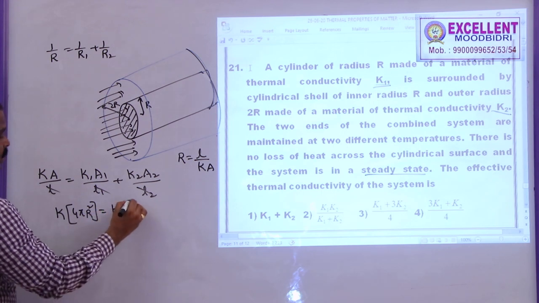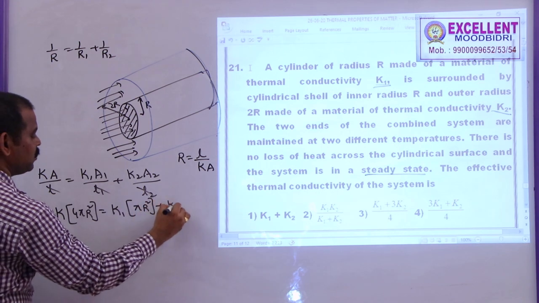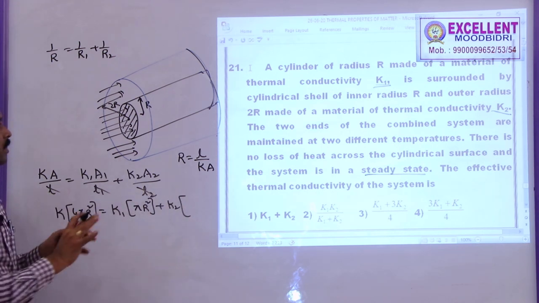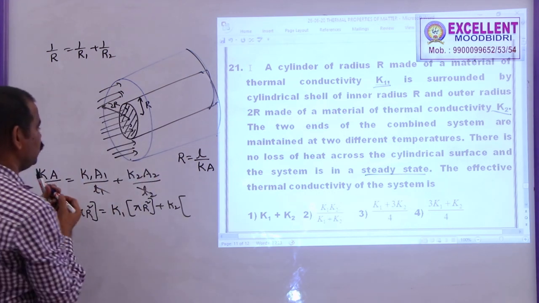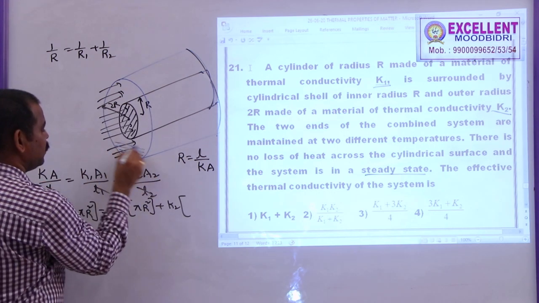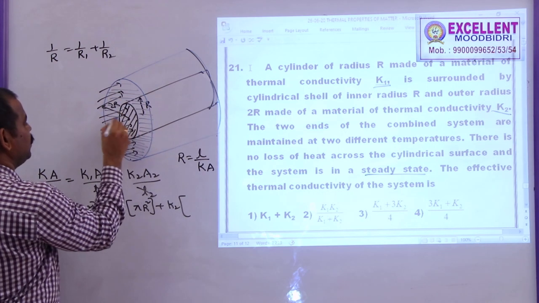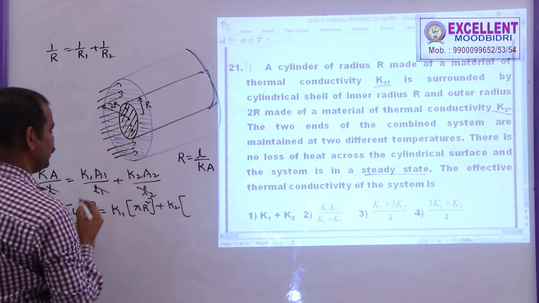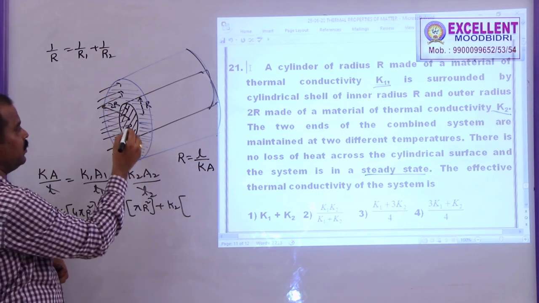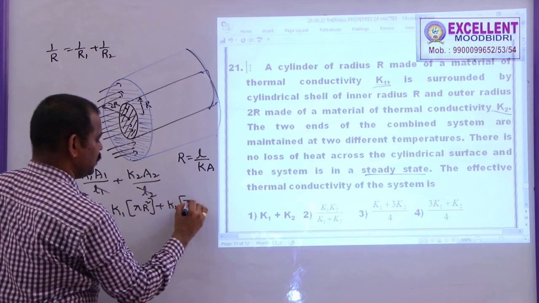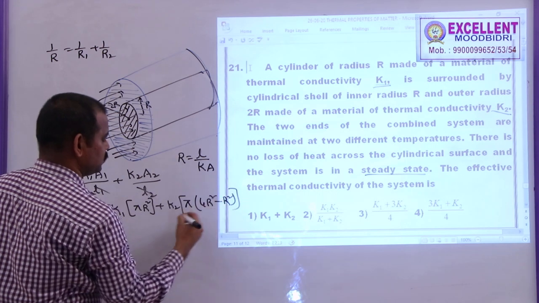This is K1 into the internal area pi R square and K2 into the external area, only this region. So let me denote this with the blue. This is the area that we need to consider, only this area. This is nothing but the outer area minus inner area, which is pi into 2R square minus pi into R square. So pi into 4R square minus R square, 2R whole square means 4R square.